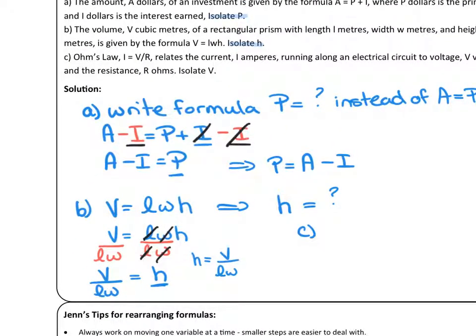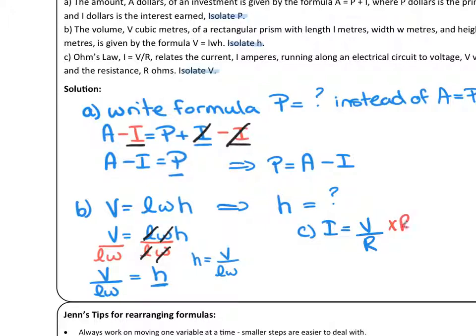Last one, Ohm's law: I equals V divided by R. And we're going to isolate for V. Same thing, this one has R on the bottom, and so it's divided. In order to move it, we have to do the opposite.